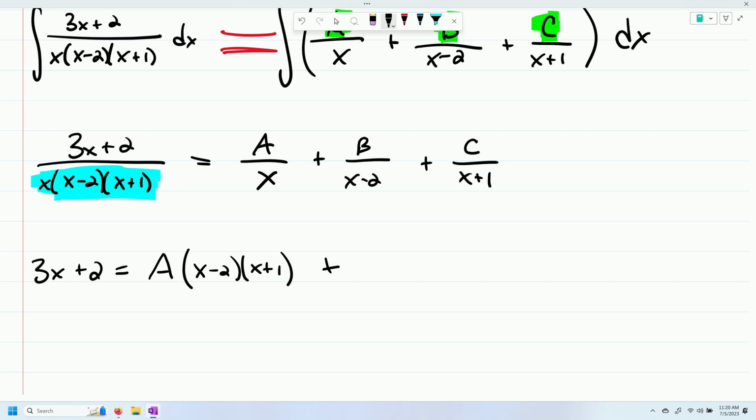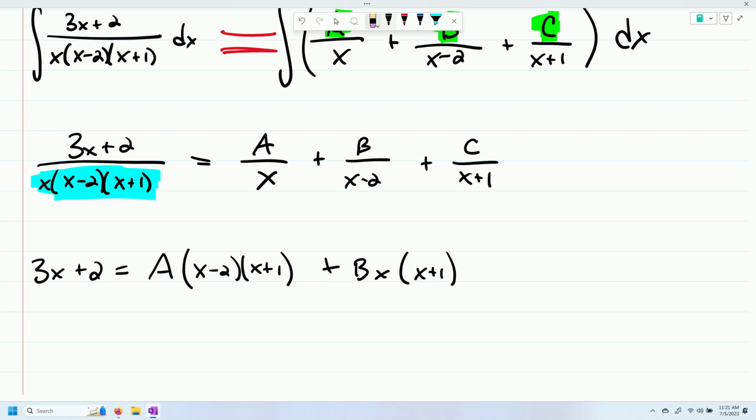plus, and now I need to think about, okay, I know what my denominator is. What else would I need to multiply b over x minus 2 to generate that denominator? Well, since you already have the x minus 2, which is right here in your denominator, I'm going to multiply b by x times x plus 1.